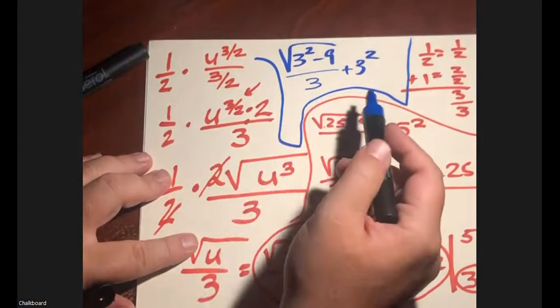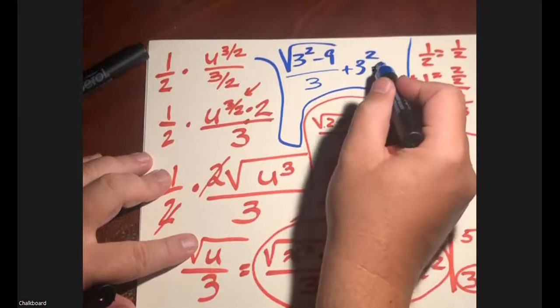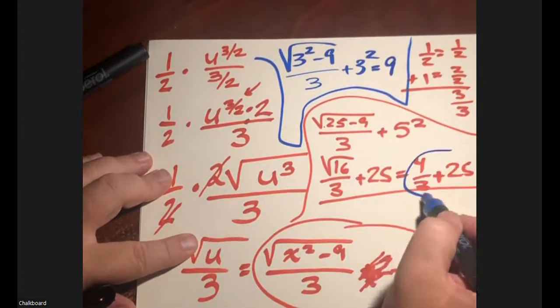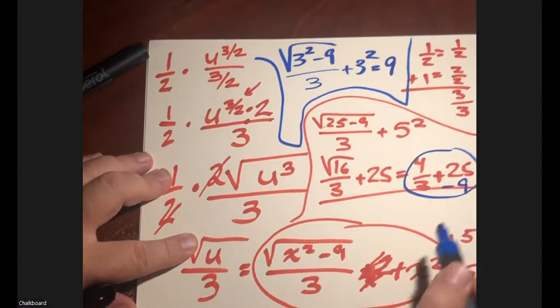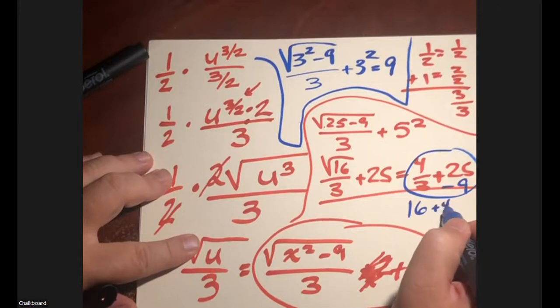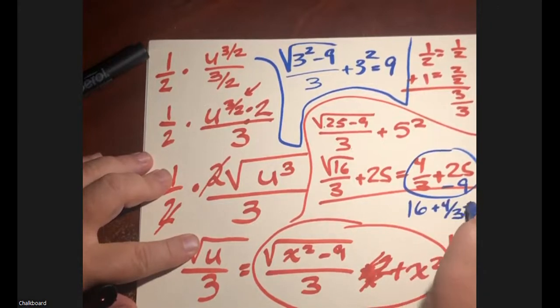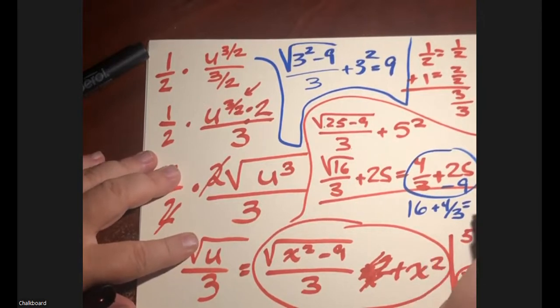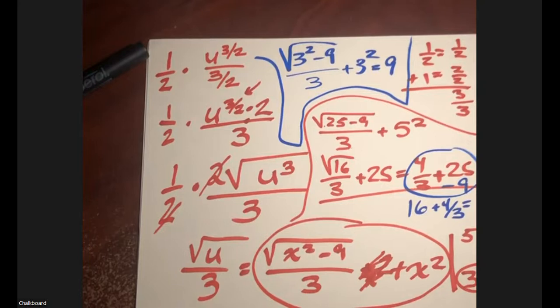And 0 divided by 3 is 0. So 0 plus 3 squared is just 9. So what that means is I have this quantity minus 9. That would be now 16 plus 4/3. And you could make that 17 and 1/3. And you could make that 52 over 3. Any of those expressions will work for this answer.